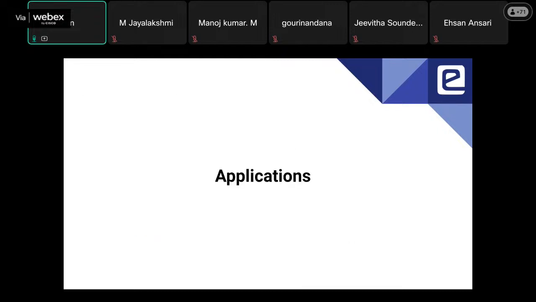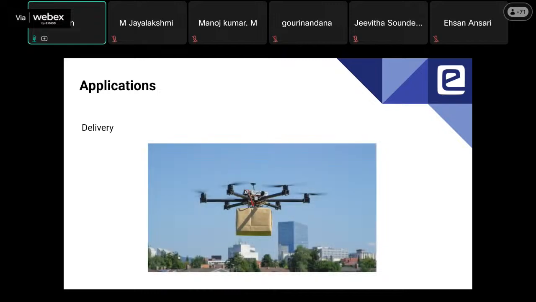Then we finally come to the last portion, which is the applications. One of the applications of the quadcopters or the multirotors or the drones in general is delivery of packages. What we have learned here is that if you want to lift a payload, you should have a hexacopter or an octocopter for high payload capacity.